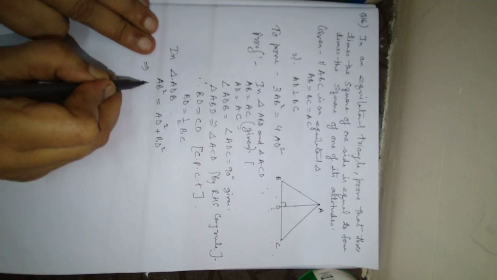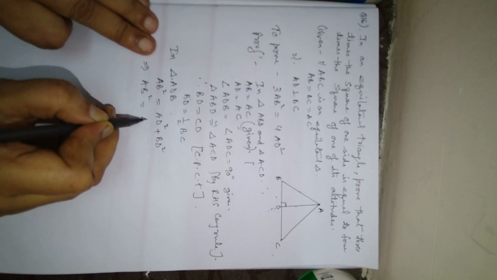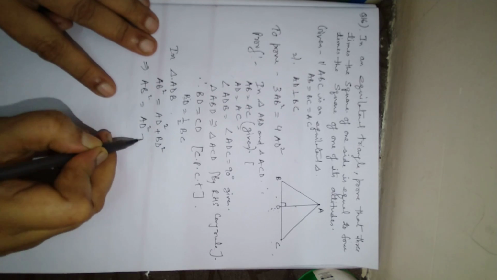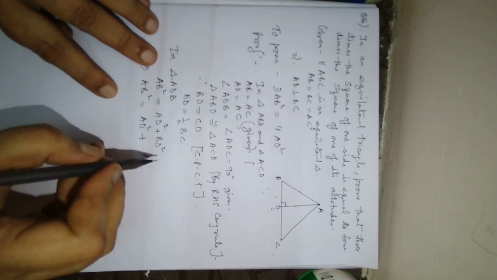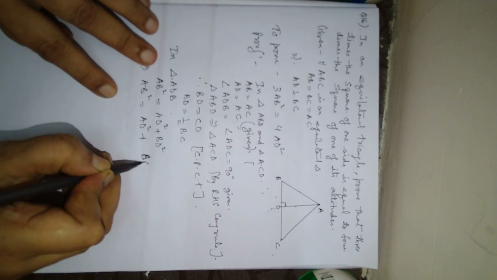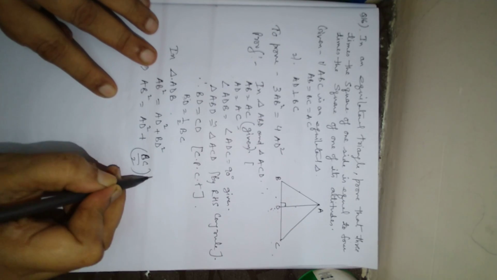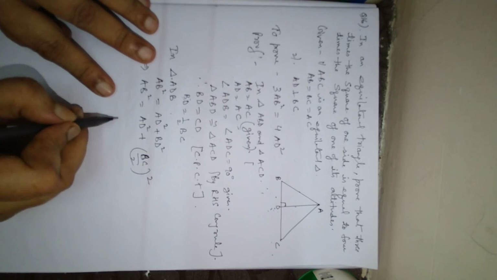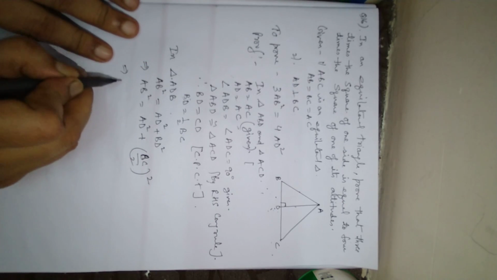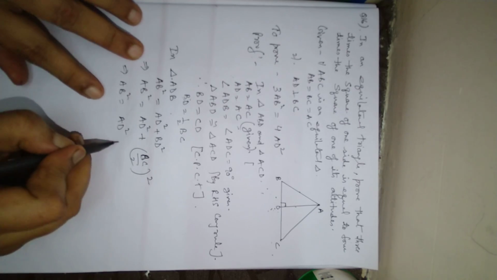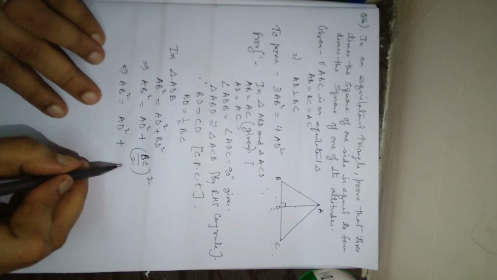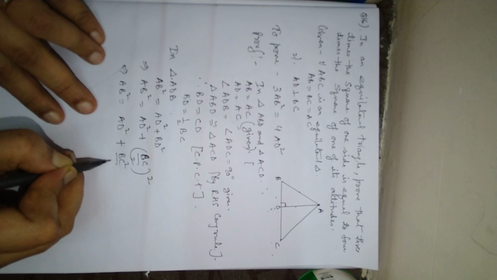Or this implies AB square, that is equals to AD square plus BD is half of BC. So you can write BC by 2 square. Or this implies AB square, that is equals to AD square plus BC square by 4.